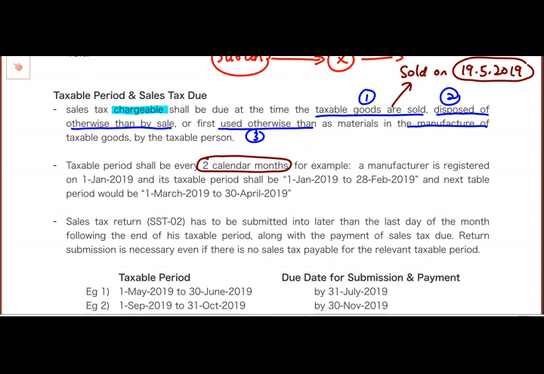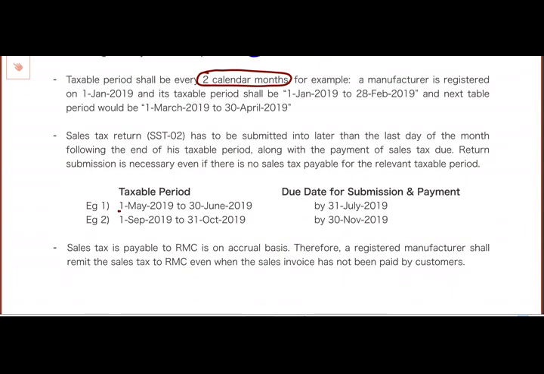So if you start collecting sales tax, for example, in the month of February, then your period is February to March. If you start in January, it's January to February. So it depends on your registration, but it's always 2 months. So if you have May to June as a period, these will be like 1, 2, 3, 4, 5, 6.